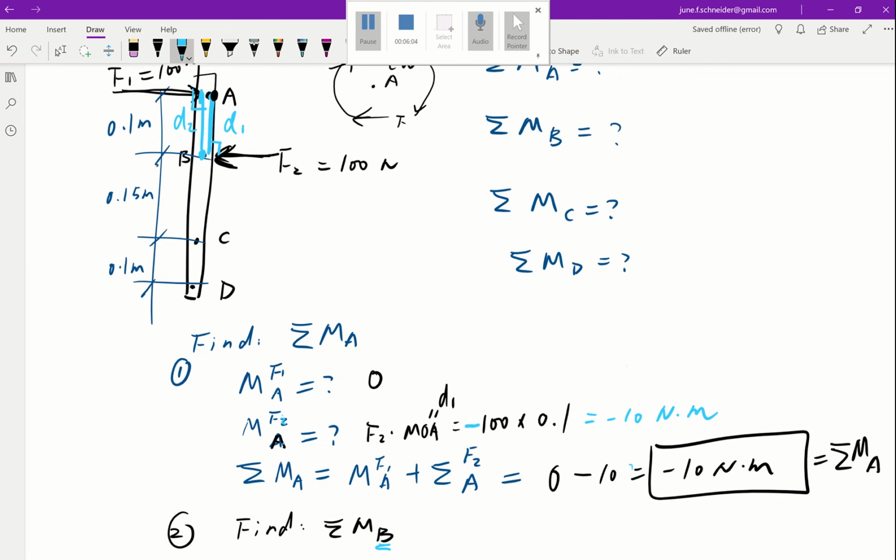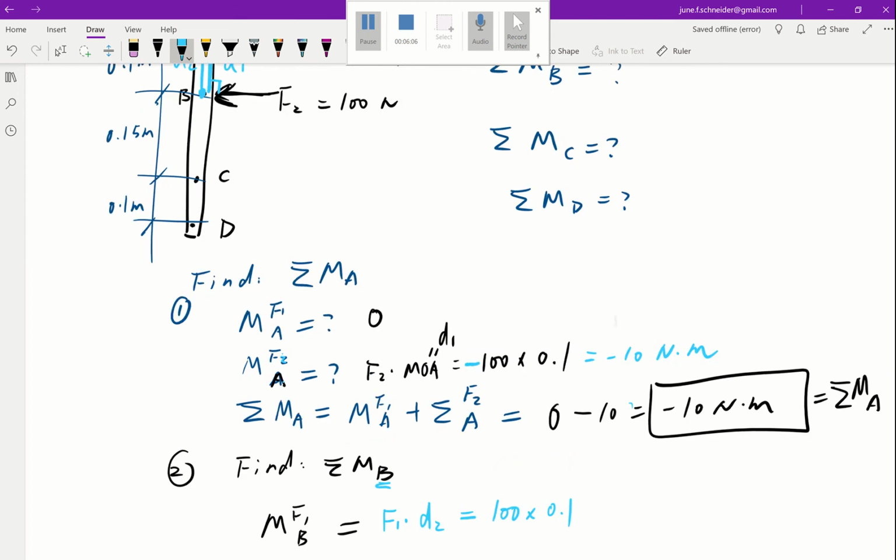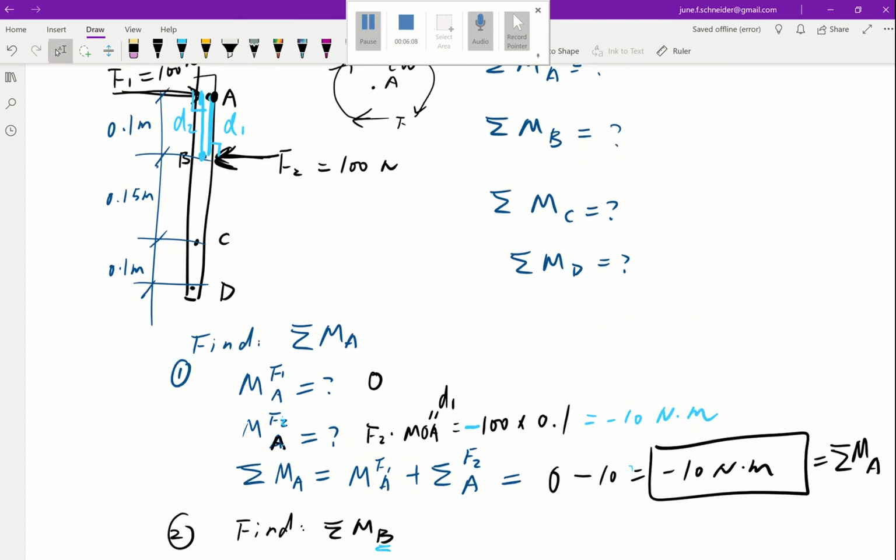And how about rotation? It's F1 rotating about B. So if I were to isolate that, F1 is here, rotating about B. B is relative at that position. F1 rotating about B. That's what? Clockwise rotation. That's going to be negative.